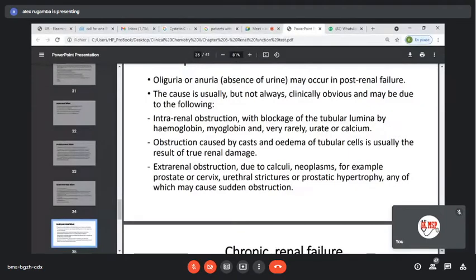Myoglobin is the same as hemoglobin, but it is in muscle. So all those pigments or proteins may accumulate and cause obstruction of those tracts or ducts, and cancers, of course.